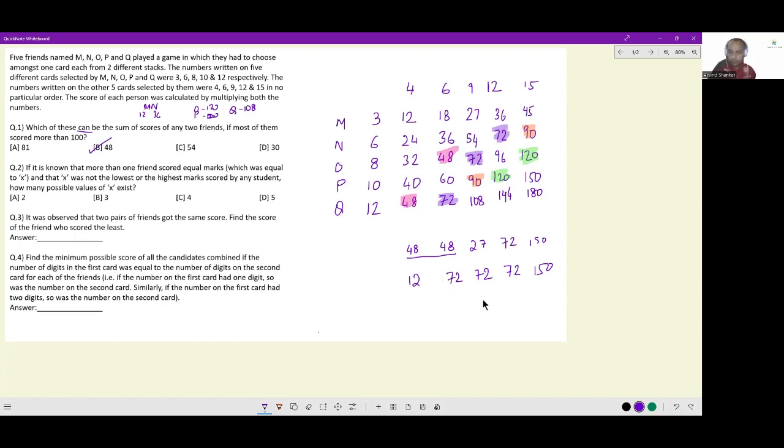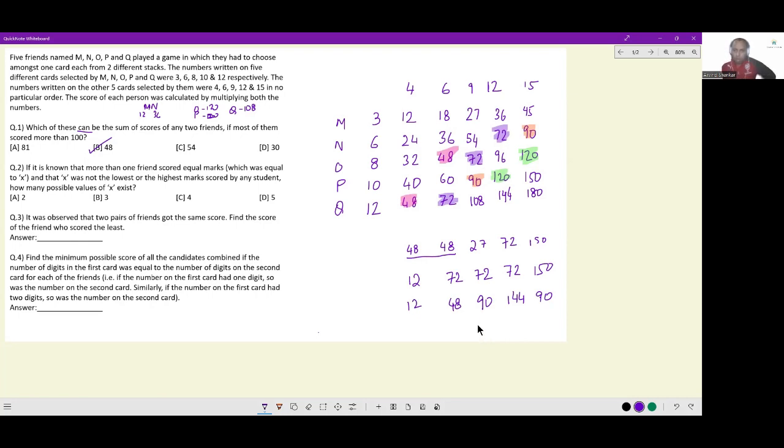How about 90? I take 90 here and 90 here. Then I can get 144 here, or even 96 would be fine, but I'm deliberately taking the largest value. 144 can be taken here. Here I will take 48. Here I will take 12. 12 and 48, this is also fine. No problem at all. 90 can also be a value that is identical.